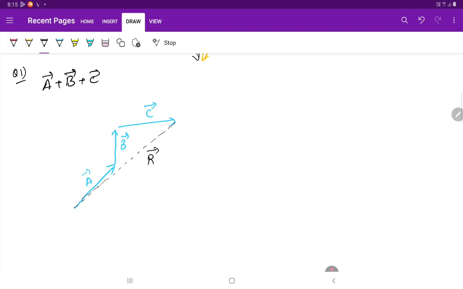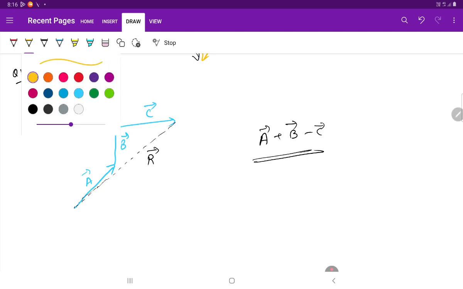Now the task is to find A vector plus B vector minus C vector. That means how you will approach the diagram so that you get A vector plus B vector minus C vector. Just redraw this diagram used to find A vector plus B vector plus C vector. So what we'll do is just reverse the direction of C vector.